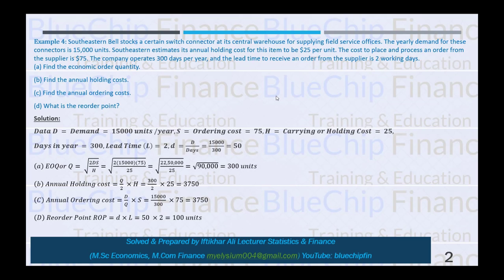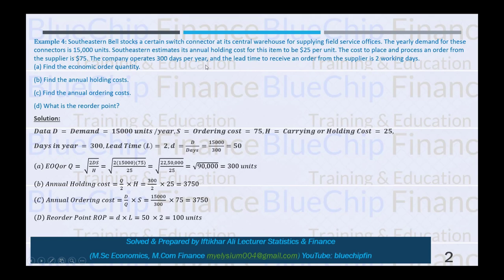from J. Heizer, and the question is that Southeastern Bell stocks a certain switch connector at its central warehouse for supplying field service offices. The yearly demand for these connectors is 15,000 units.